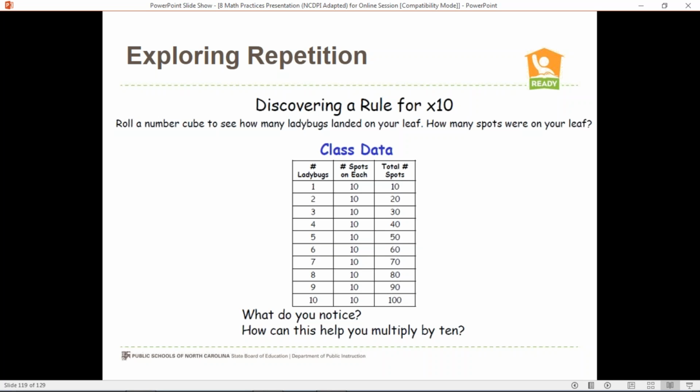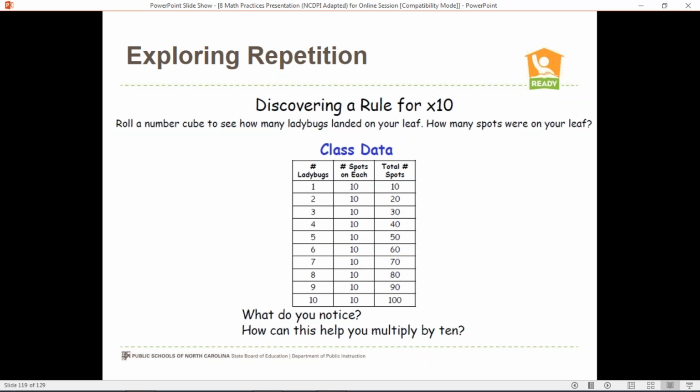And then as we move along, if I know what multiplying by 10 is, then I can extend that into multiplying by 20, and I can extend that into multiplying by 11 or 12, because if we recognize that multiplying by 10 does this rule, and if I do one more set, then that gets me multiplying by 11, or two more sets gets me multiplying by 12. So it's not just about multiplying by 10.